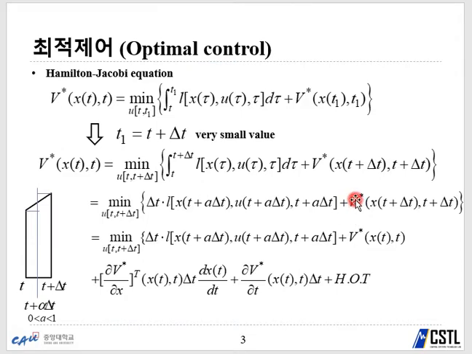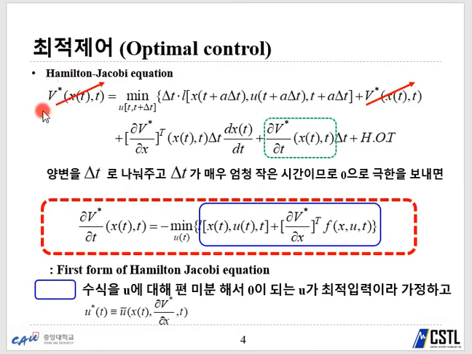And then the optimal cost function can be rewritten using the Taylor series and higher order terms. From this equation, cancel the optimal value function and then divide by delta t.